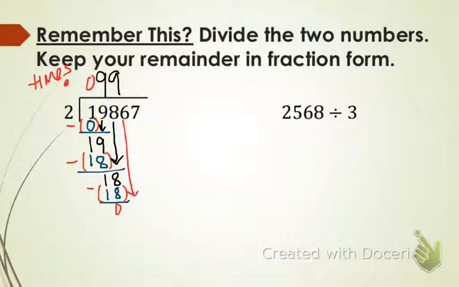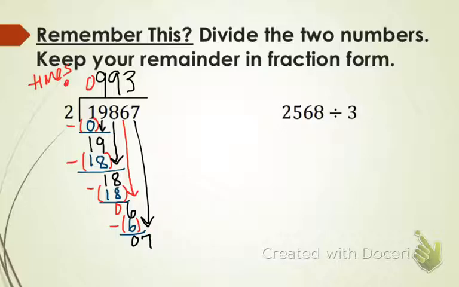Bring down the next digit, 6. 2 times what will give us 6? 3. 3 times 2 is 6, so we put a 6, and that gives us a 0, and we bring down the last digit, 7.